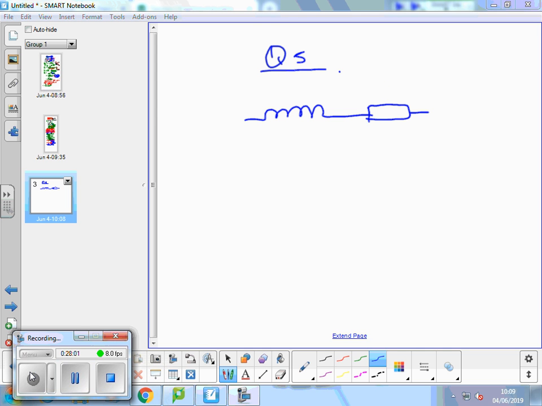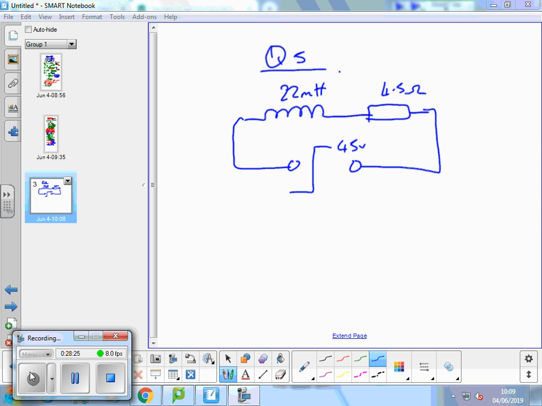A resistance of 4.5 ohms, an inductance of 22 millihenries, connected to a step voltage of 45 volts. Yep. Determine the expression for the current during the transient period. What do we think it's going to be over time?